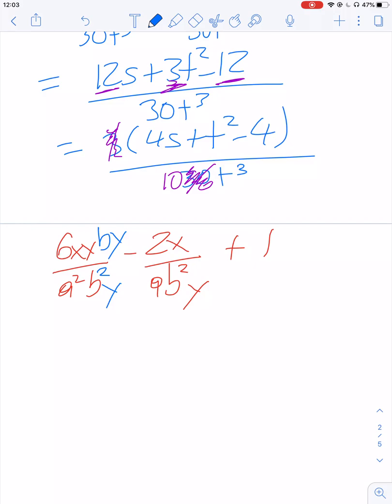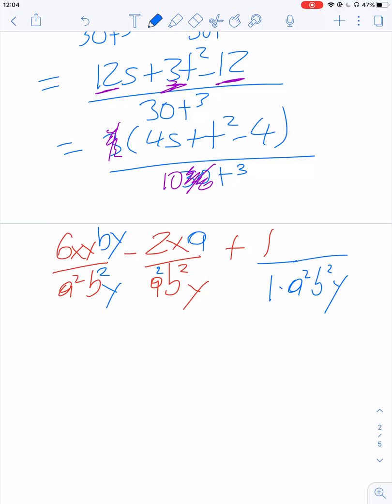Now, what is this guy missing? This guy is missing the a, right? Because this one is a squared and b squared. So if you multiply by a, you have to multiply by a on top and at the bottom. Now this guy, your denominator is 1, and this guy is missing everything, right? So you'll have to multiply this guy by a squared b squared y.